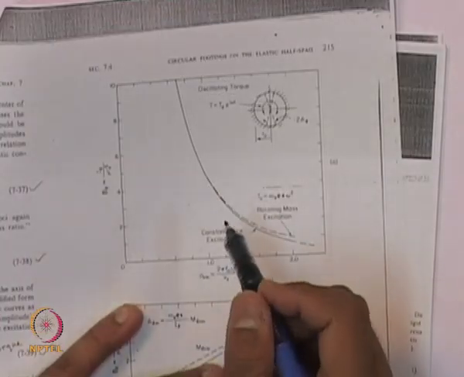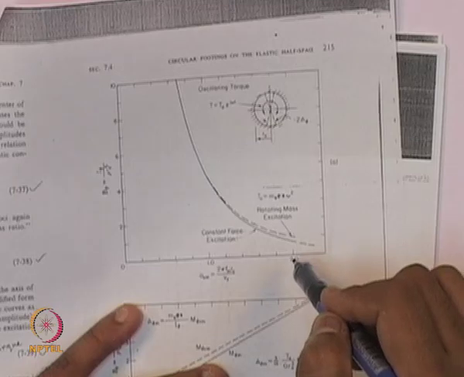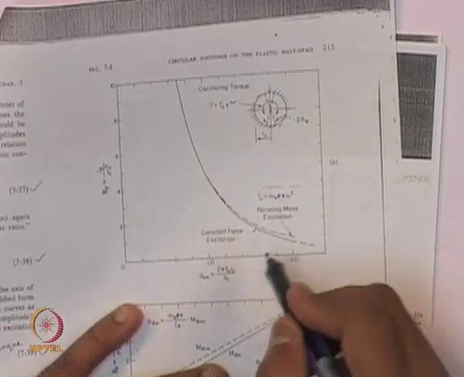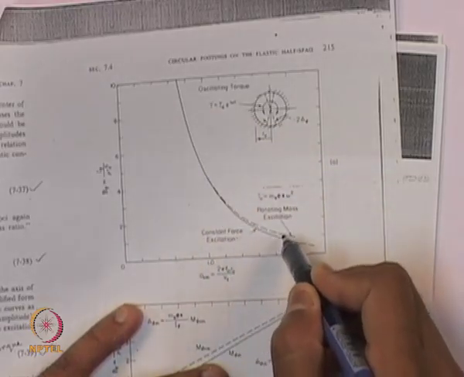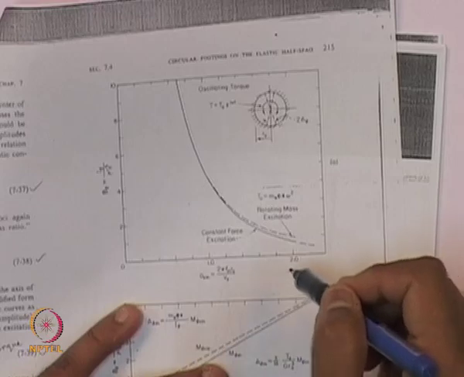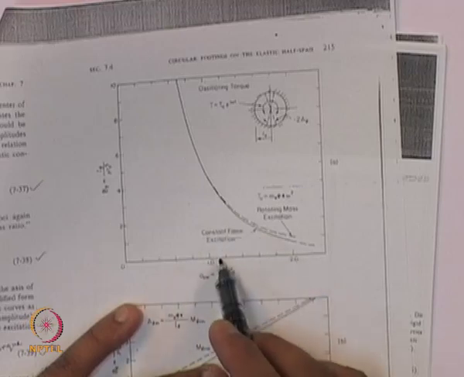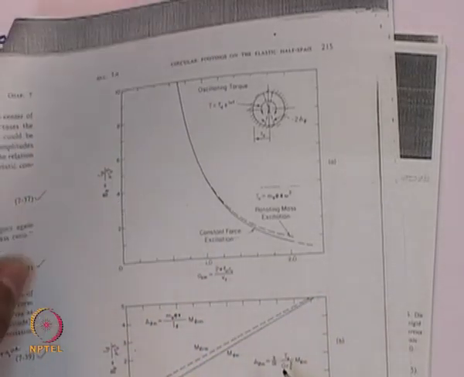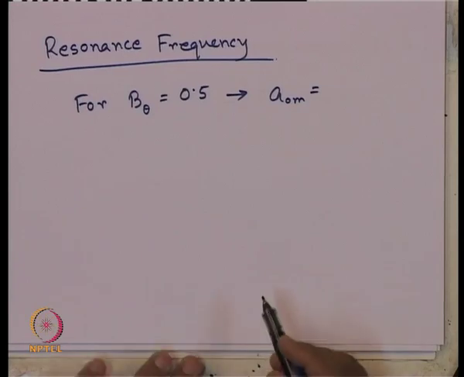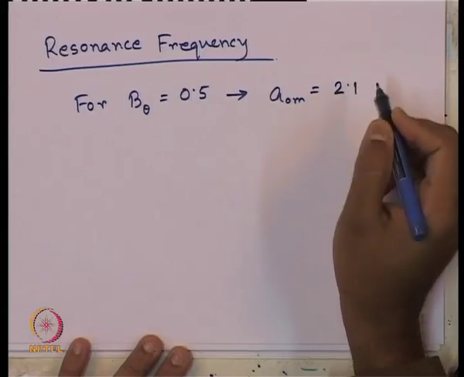This is the design chart I had shown earlier, and I had also mentioned that in the torsional mode of vibration, both rotating mass type and constant force type are giving almost the same values. They change marginally at the very high value of A naught m or, in other words, very low value of Bθ. This dotted line is for rotating mass type excitation and the solid line is for constant force type excitation. The expression for A naught m is also given here. If we read carefully, I am reading the value of A naught m as 2.1.